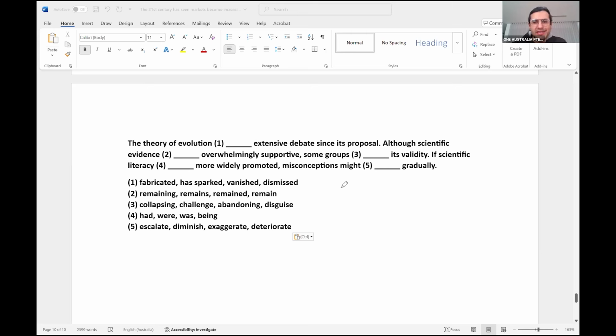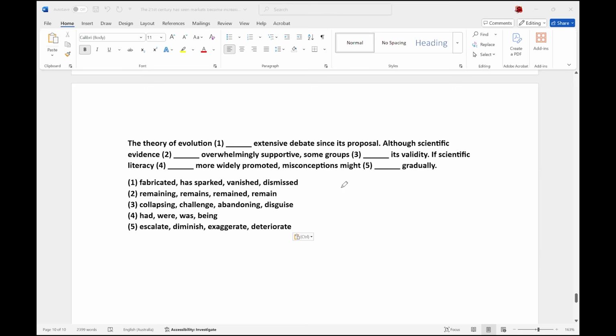And in the present perfect tense, we either need has, have, or had before the main verb. And how do we choose whether it's has or have? With the word before of. Which is that word? Theory. Is it singular or plural? It is singular. So with a singular noun or a singular pronoun, you use has. And with a plural noun or a plural pronoun, you use have. So the correct answer is has sparked.